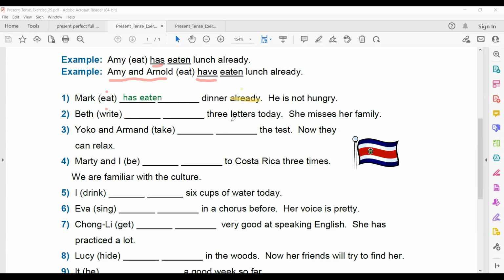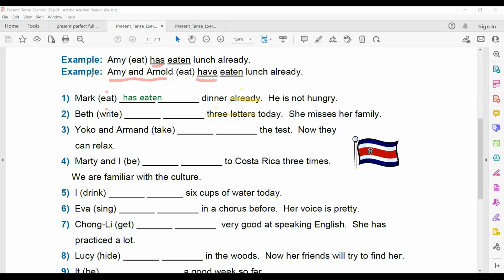Remember, we were talking about repeated actions when we have the exact number of repeated actions. 3 letters today. Okay, I would actually think hard here if I didn't know that present perfect is used when we have repeated actions, right?